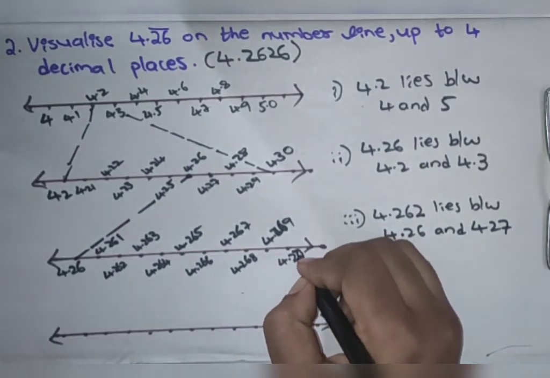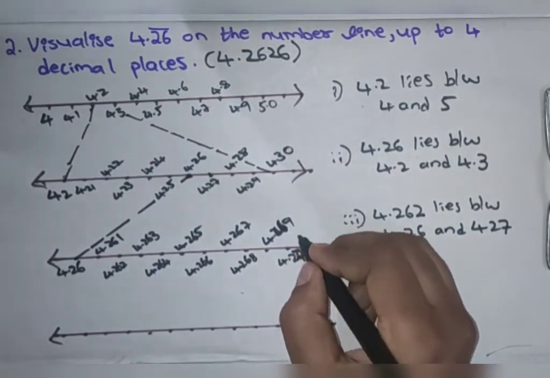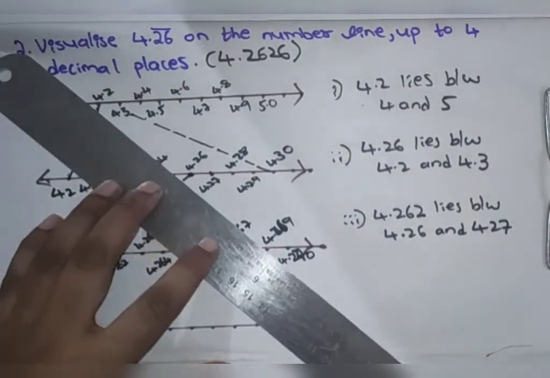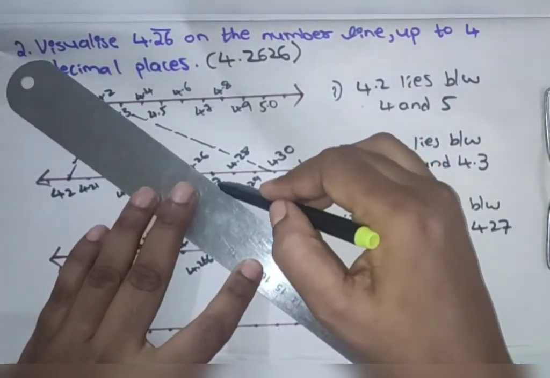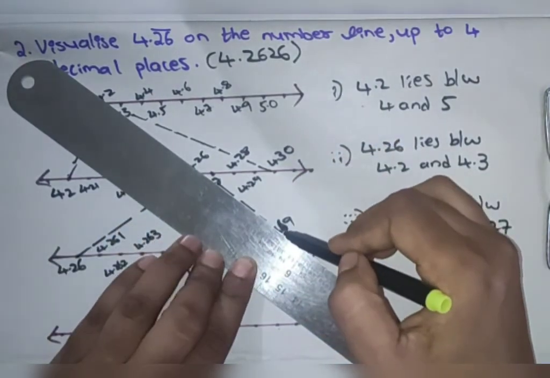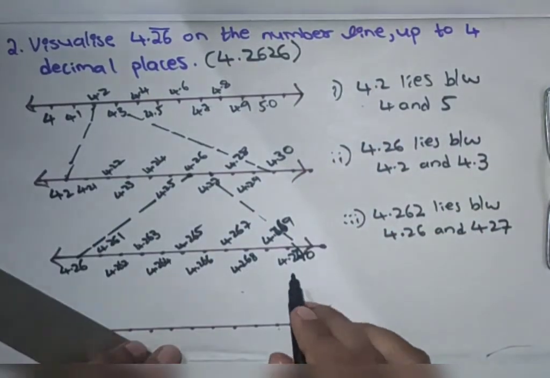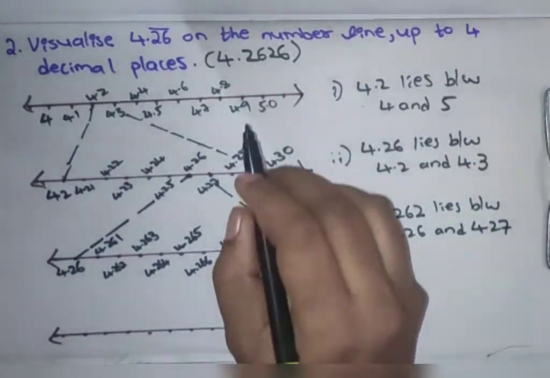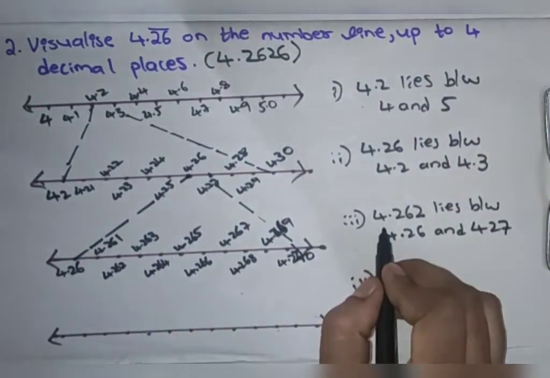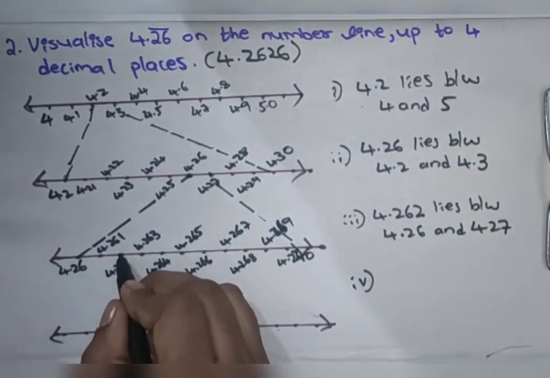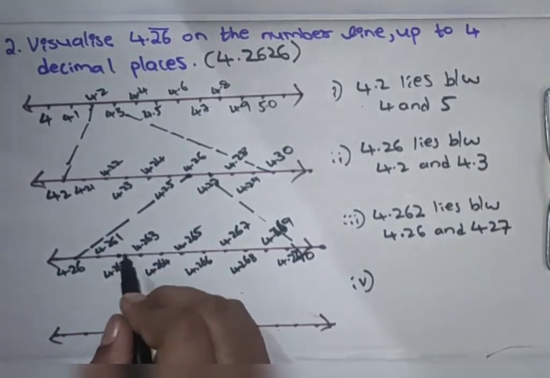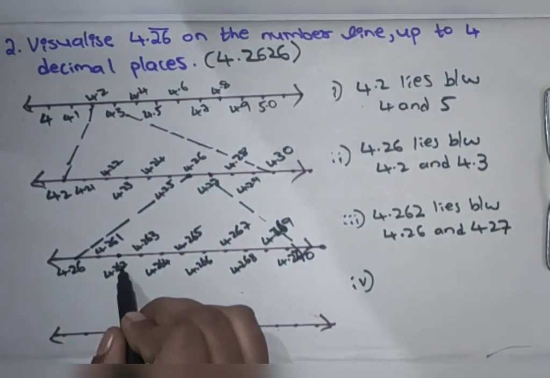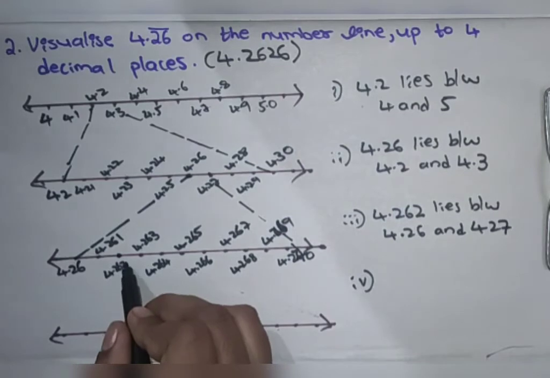Afterwards 4.27, not 4.279. After 4.269 you have 4.270. Now see the next decimal place. Up to the third decimal we got 4.262. Now which decimal do we want next? 4.2626.